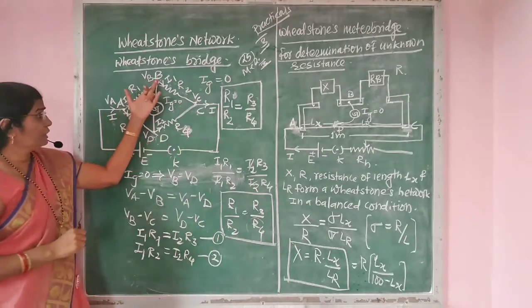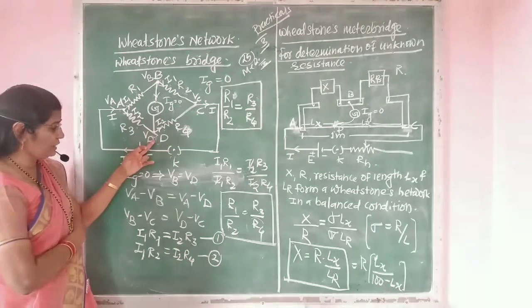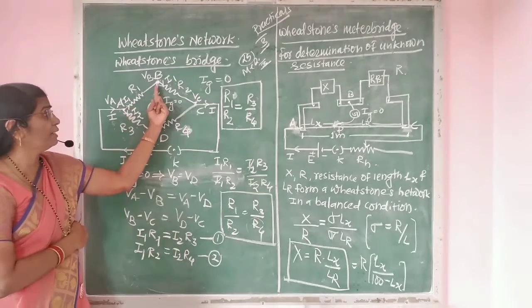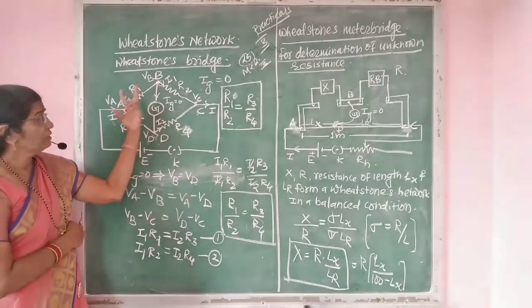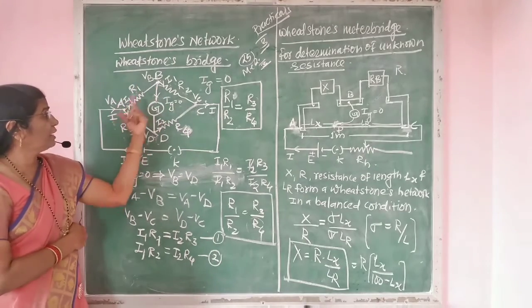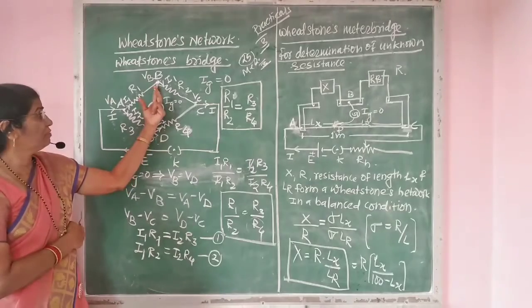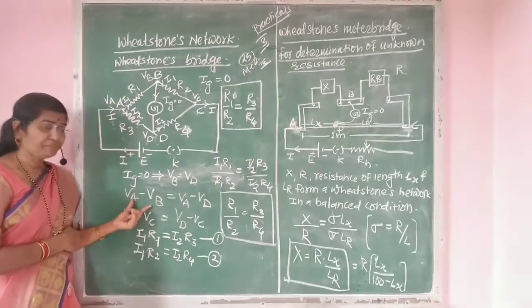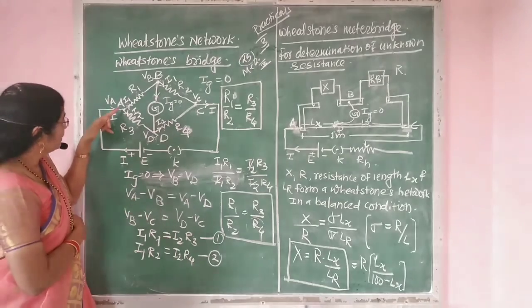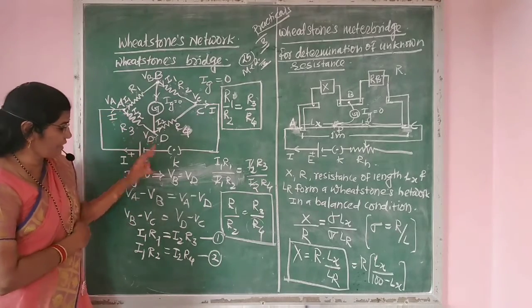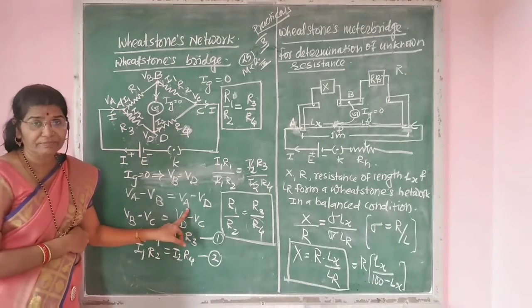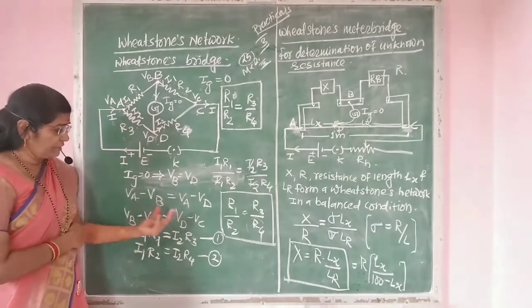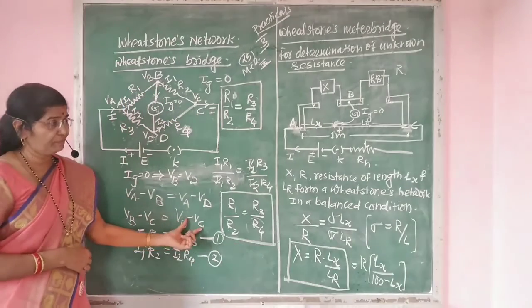Therefore, the potential difference between A and B, VA minus VB, is the same as VA minus VD. Similarly, VB minus VC is equal to VD minus VC.